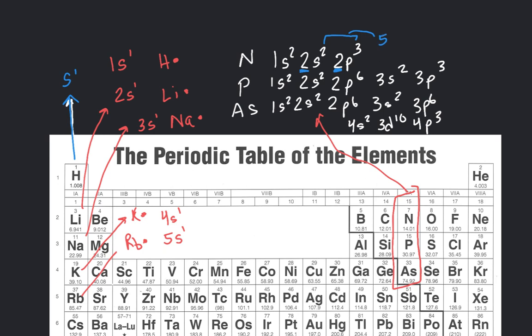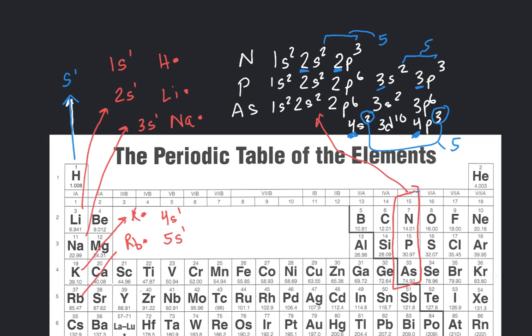For phosphorus, the highest energy level is the third energy level. The other energy levels are 1 and 2. And so when you count it, it's got 5 valence electrons. For arsenic, the highest energy level is the fourth energy level. The 3d10 is a little bit lower than 4. So if you look at the 4s2 and the 4p3, that's 2 plus 3, together 5 valence electrons.